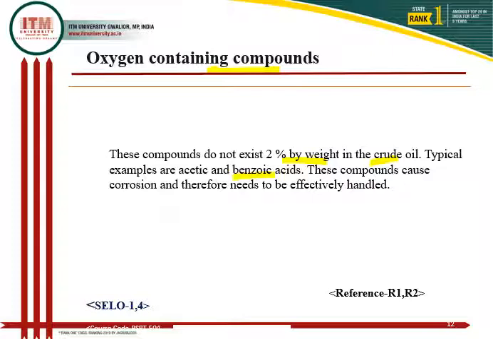These compounds can cause corrosion, and therefore need to be effectively handled. So again, an important drawback is there for the refining process. Such oxygen compounds are undesirable because they are responsible for the corrosion. So this is also a main focus of compounds to remove.